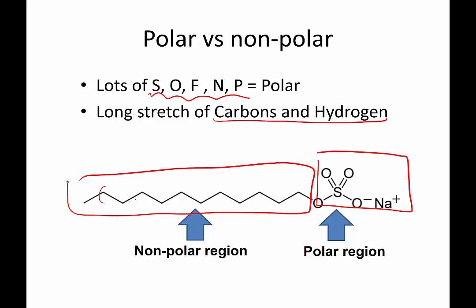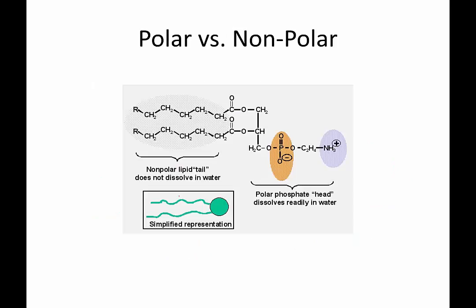Exactly what we see here. So this region of the molecule is nonpolar. And so we've heard of an amphipathic molecule before. We talked a little bit about this again in biochemistry. But phospholipids themselves are amphipathic molecules.